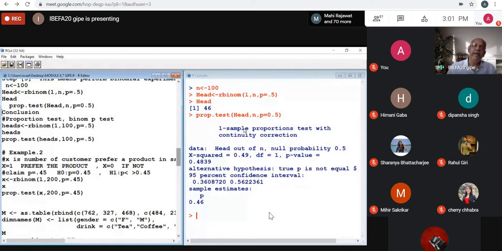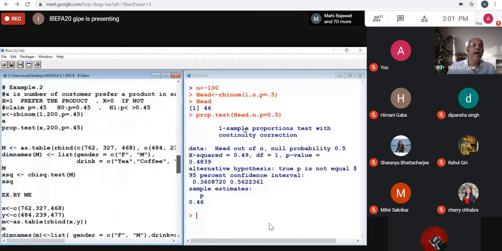The same type of example we can do in a real problem. I have given a customer problem. Customer says, for Horlicks or any brand, for example Horlicks, 0.45 is the probability that a customer prefers plain Horlicks.